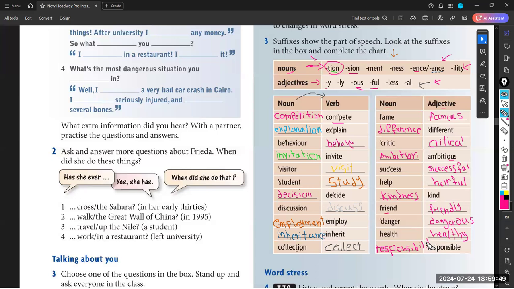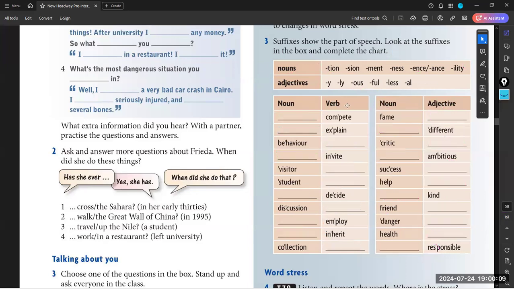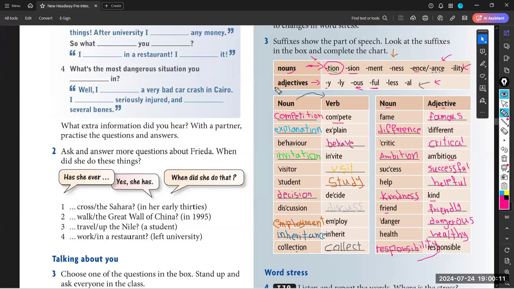I-L-I-T-Y, this is T, and this is Y, responsibility. So please, guys, be careful, because as you notice, we have to add suffixes to the words to change the parts of speech. So we can have nouns, verbs, adjectives, sometimes adverbs, if I change the suffix. Okay?